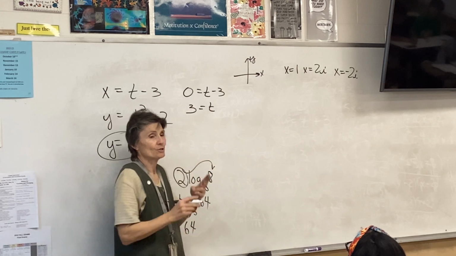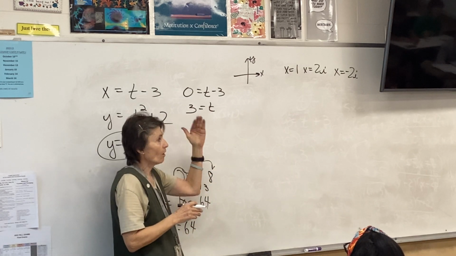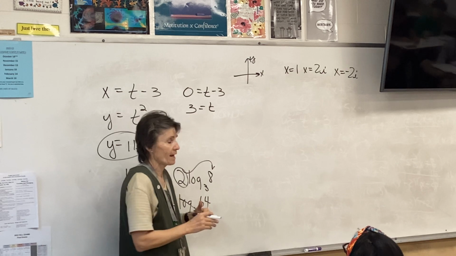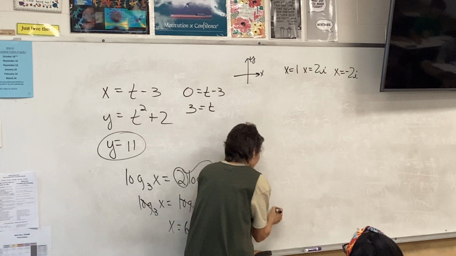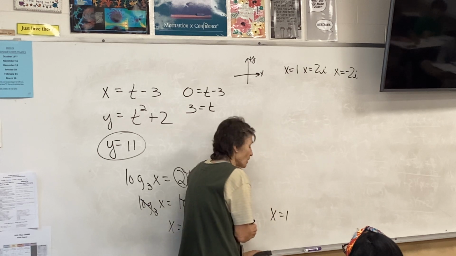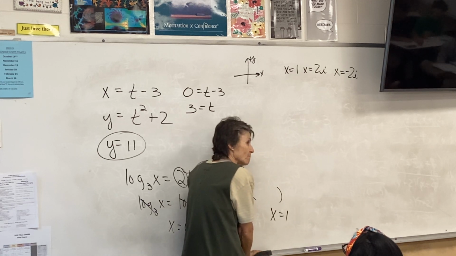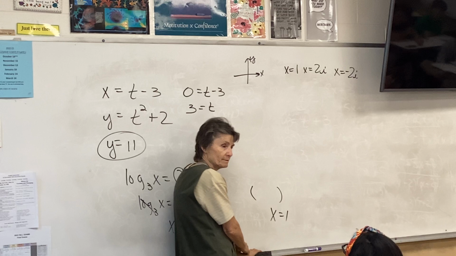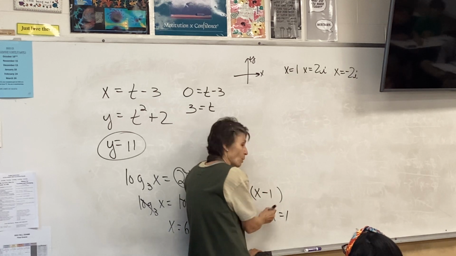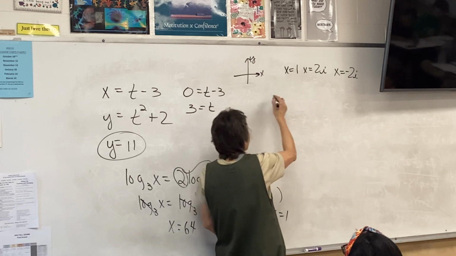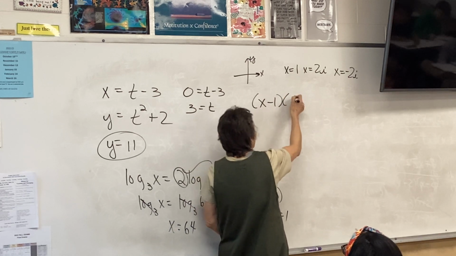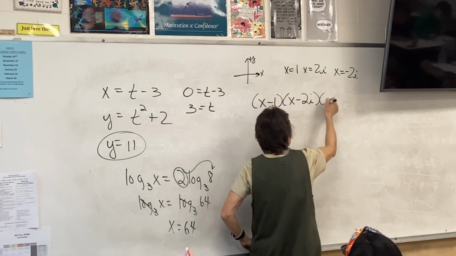Second thing you need to do is think about all the equations you've solved in your life. You go down through, and at the very end, you got x equals 1. What was the step right before getting x equals 1? X minus 1. That was your factor, right? So these guys all correspond with factors.